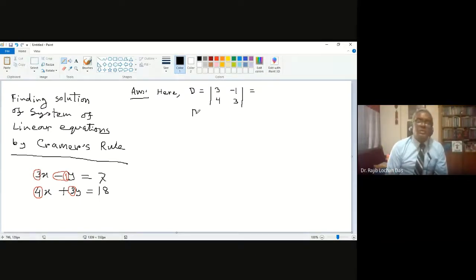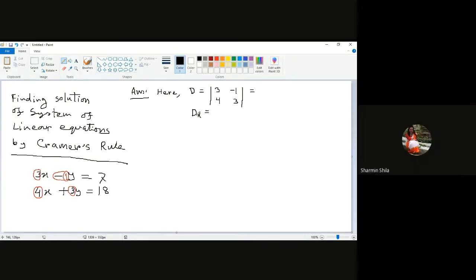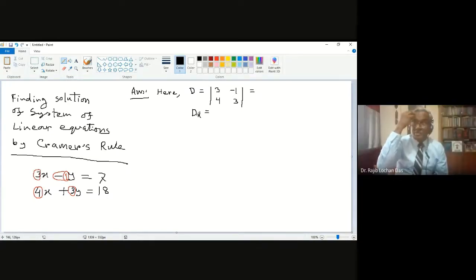Dx is just a name, it is not D into x. It is like a suffix, a subscript.